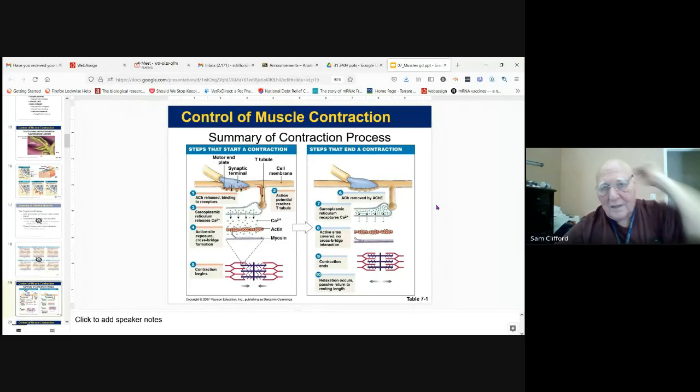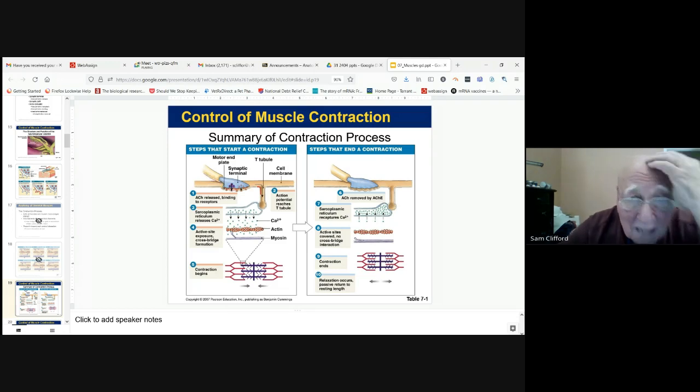Here's a summary again of the contraction process. So every skeletal muscle has to have an axon terminating at the synapse. The synapse is the gap between the synaptic terminal and the motor end plate.